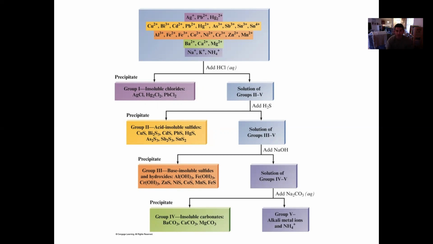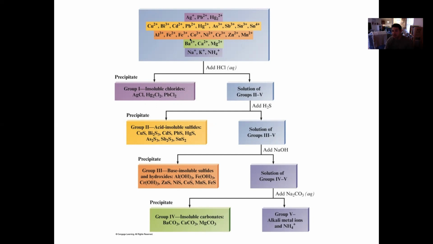You would be given an unknown compound. It's going to have one of these ions. You are trying to figure out what it is. You're going to add these 4 solutions, and you're going to see if a precipitate forms or not. All right, so this is a way to identify an unknown compound. So that's why it's being used.